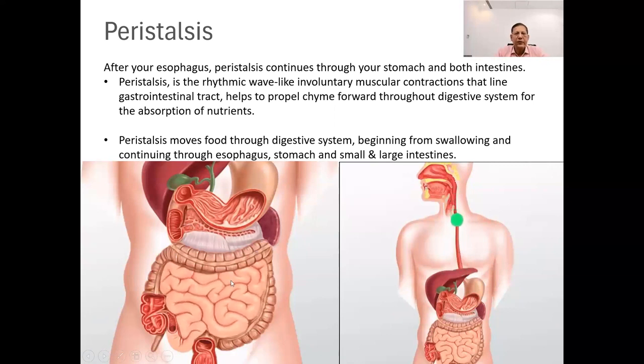It helps to propel the chyme, initially the bolus, then the chyme, forward through the digestive system for the absorption of the nutrients. Peristalsis moves the food through the whole digestive system, beginning from the swallowing, that is from the esophagus, stomach, small and large intestine.